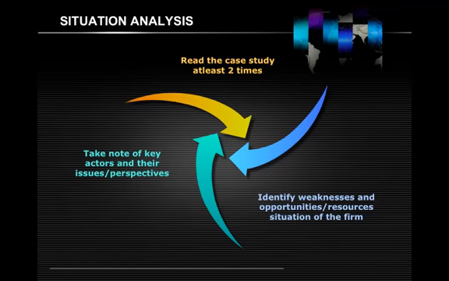Subsequently, once you're done with the basic listing of the key actors and so on and so forth, now you start with a brief analysis of the strengths, weaknesses, opportunities, and threats of the firm. So, in that sense, you're essentially doing a SWOT analysis of the company based on the narrative as well as the data given in the case study.